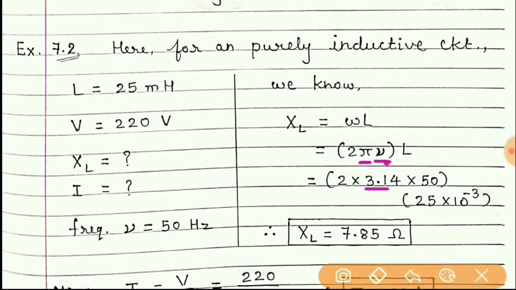Frequency nu is 50 and L is 25 millihenry. Milli means 10 raised to minus 3. So 25 into 10 raised to minus 3. Now this is your work to calculate. After calculation you will get inductive reactance XL is equal to 7.85 ohm. Unit of reactance is ohm.